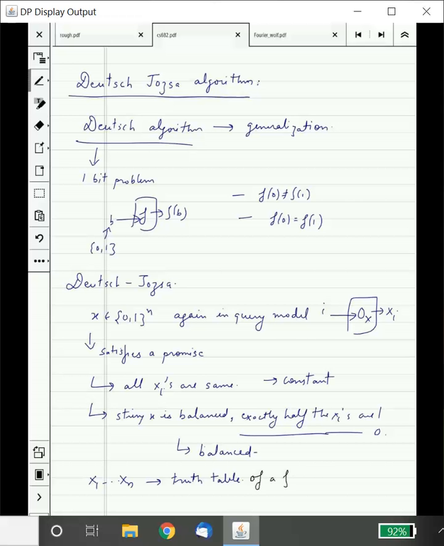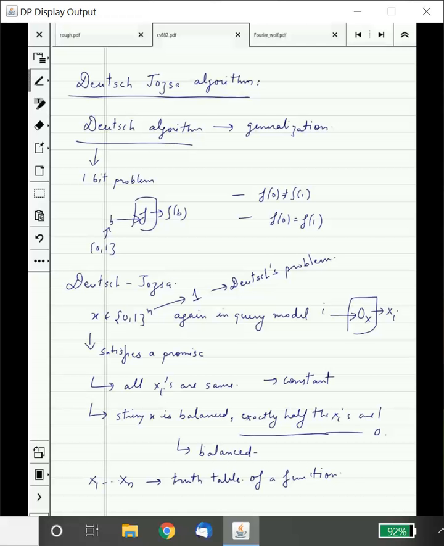And then you will see that when n is equal to 1, this becomes Deutsch's problem. It will exactly be the case. Constant means f(0) is equal to f(1). String x is balanced, exactly half the x_i's are 1. This is the case when f(0) is not equal to f(1).